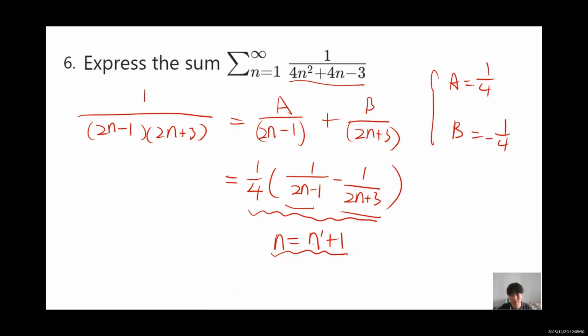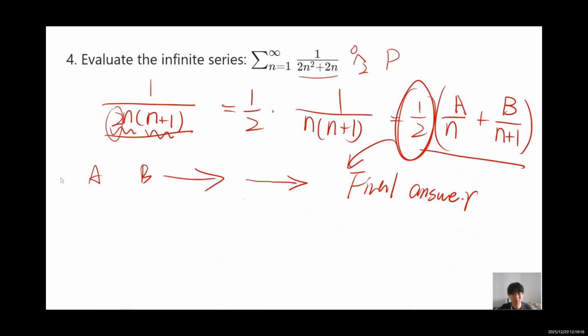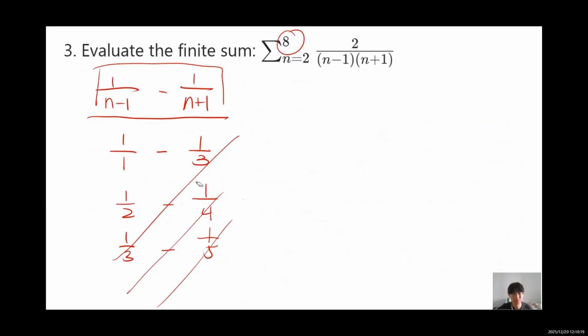We plug in n equals n prime plus 1 to n plus 1 is not equal to it, then we can plus 2 for the next term, and you can find that it equals 2n prime plus 3. Just equal to it. So it can cancel. And what's more, it's the same form like this. It can cancel with this, but it can cancel with the next term. Next column, next row, yeah.